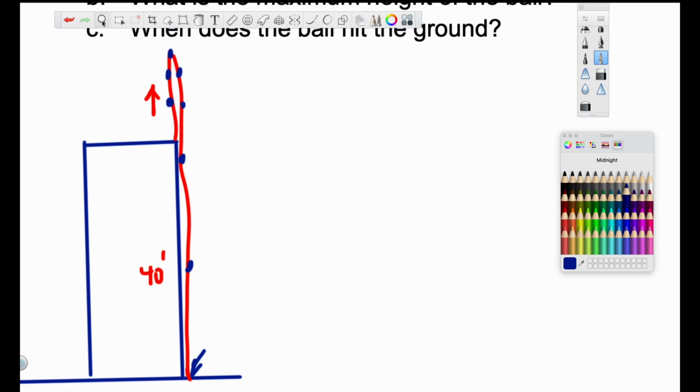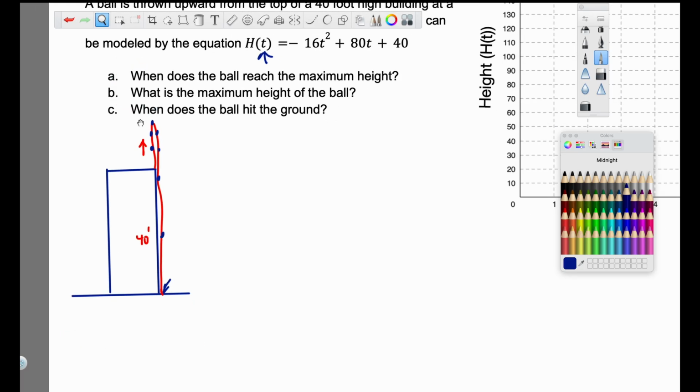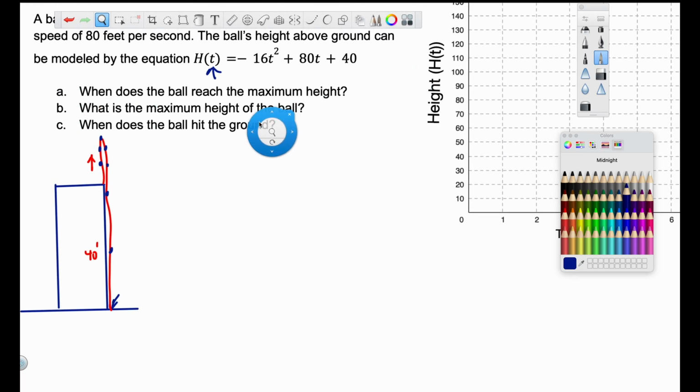Boom. So this equation will tell us, depending on t, which is the input, what the height is. And at some point, it's going to hit the ground. So when does the ball reach max height? What is the maximum height of the ball, and when does the ball hit the ground?